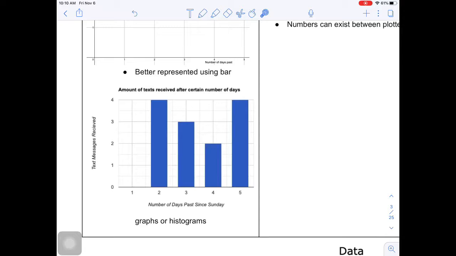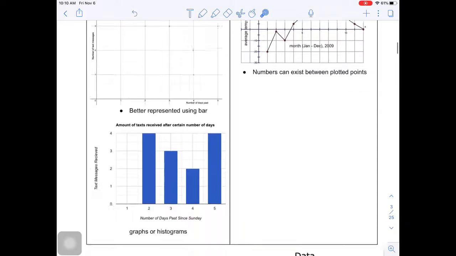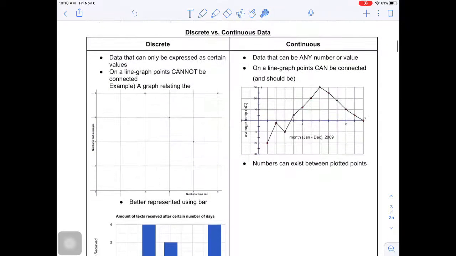Because now we can see, hey, on the number of days passed since Sunday, so on Monday, we didn't receive anything, but on Tuesday, okay, you can see that we received 4, okay? This is on the 3rd day after Sunday, so that would be Wednesday, we received 3 text messages. Okay, so you can see how this is way easier to read than this. Okay, so again, discrete data, you cannot connect.